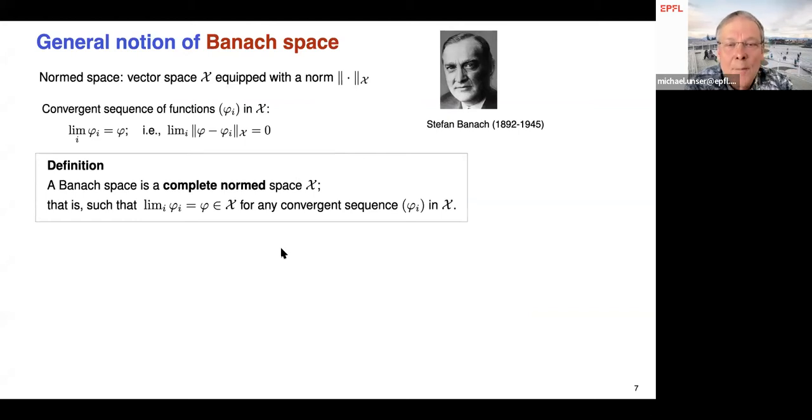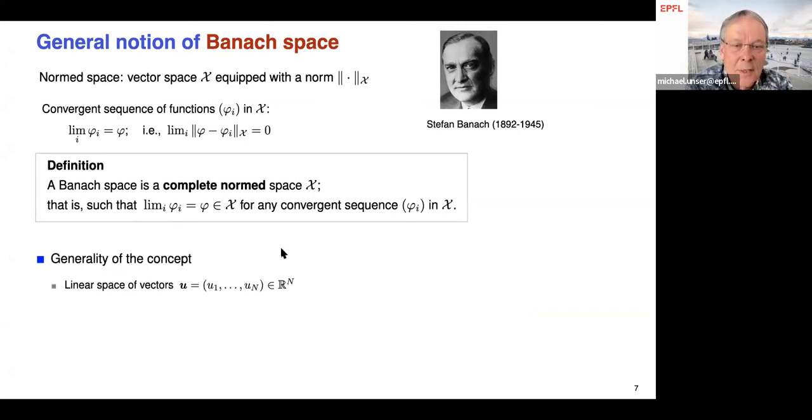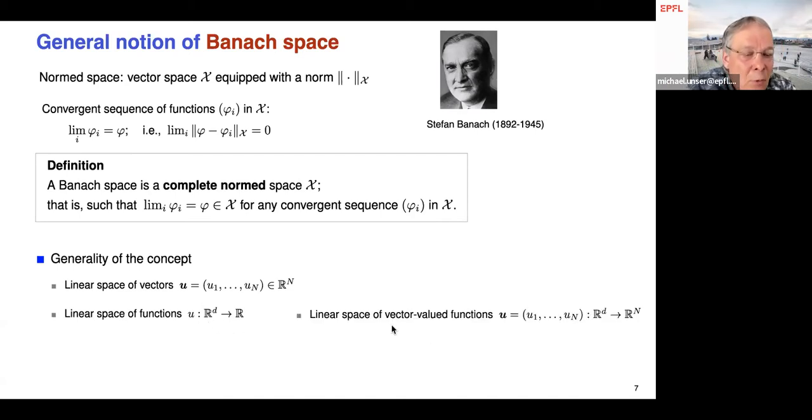Now, Banach spaces are immensely general, because first of all, they cover, of course, linear algebra, so the case of finite-dimensional vectors. They also cover linear spaces of functions, like the function f that I'm trying to find in the supervised learning problem. They also cover linear spaces of vector-valued functions, since in machine learning you need multi-valued functions.